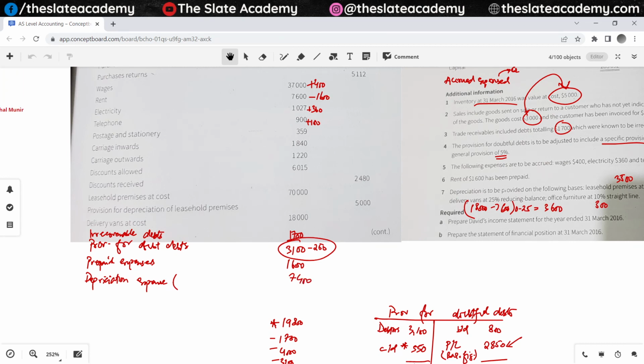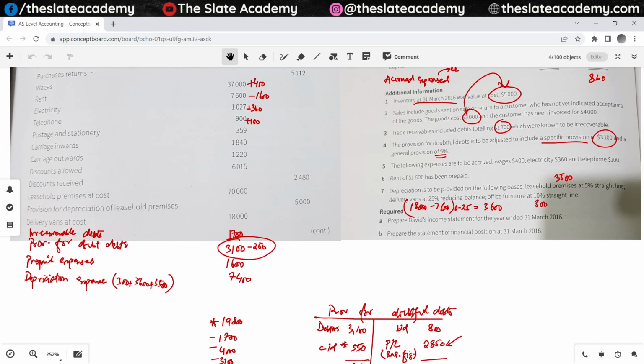How? 300 plus 3600 plus 3500. Okay, as for the provision, the debit side again, its sum exceeds that of the credit side. So let's add these values to the credit side as well. For land, we calculated it to be 3500, 5% of 70,000, 3500.